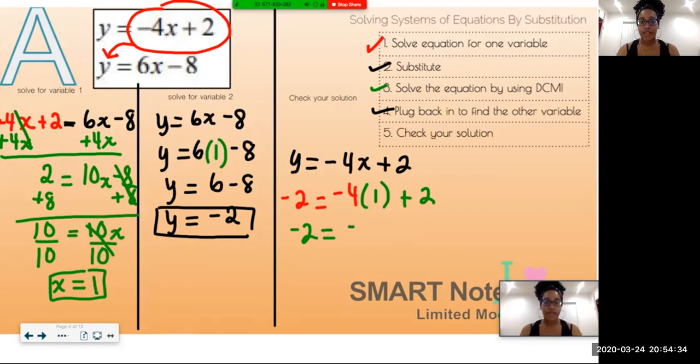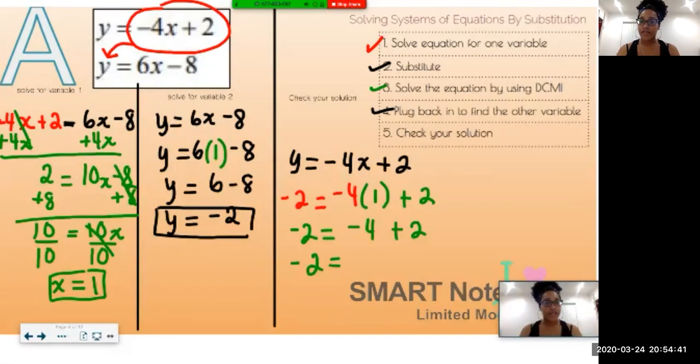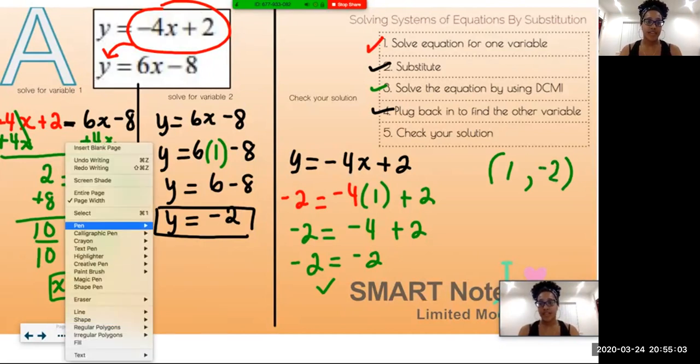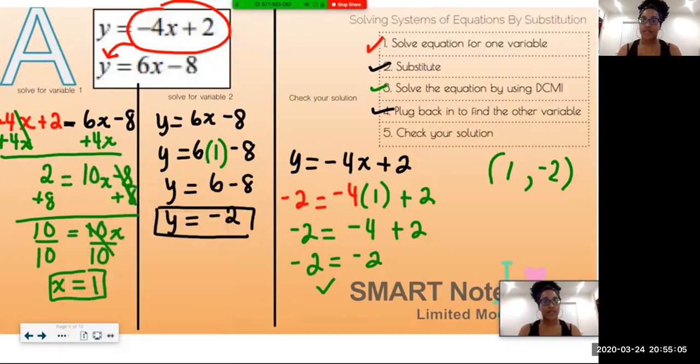Negative 4 times 1 is negative 4 plus 2. Negative 2 is equal to, what's negative 4 plus 2? Negative 2. So this works out. That means that this is a solution. And as Ms. Fu did, we could always write our solutions because they're ordered pairs as x comma y. My x was 1 and my y was negative 2. So that means this is a solution to the following system of equations.